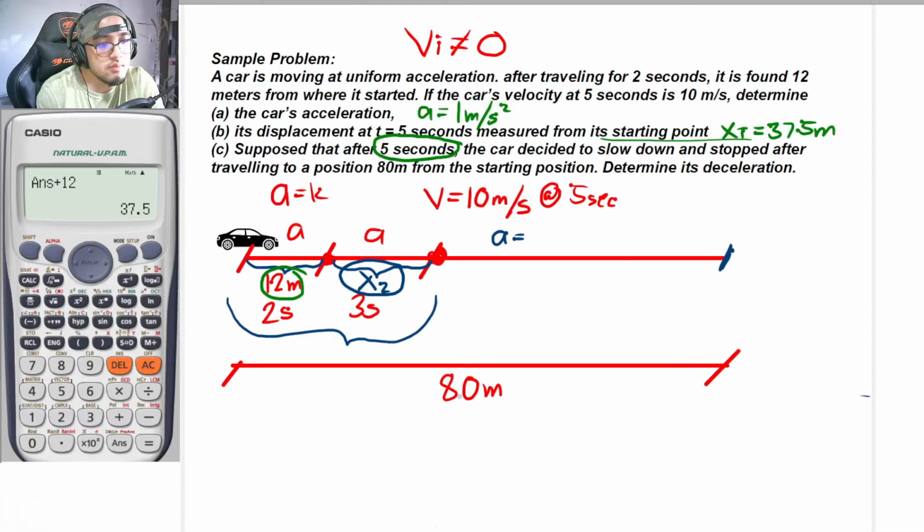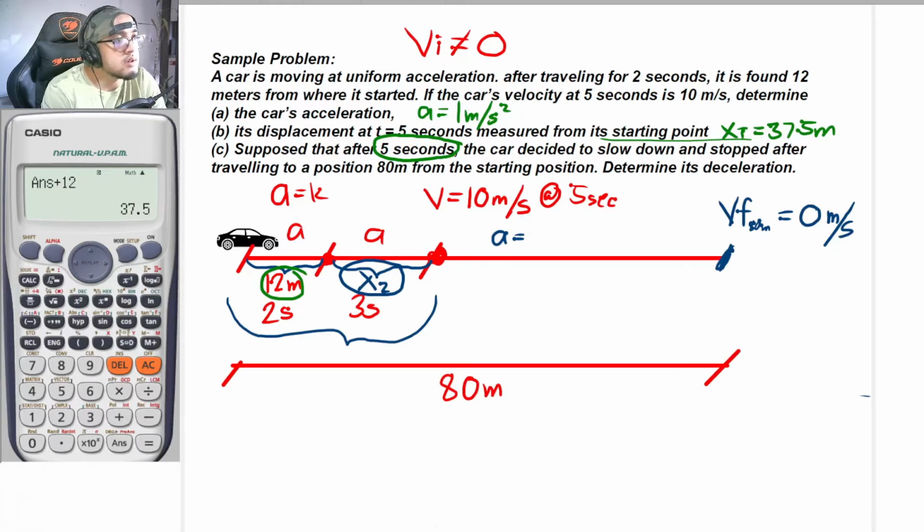So if this is 80 meters, if it started at this point, it means that our VF here at 80 meters is equal to 0 because of course it stopped. So this is its speed, 0 meters per second. What is the deceleration? But let us solve for acceleration. And actually, guys, your deceleration is just the negative of your acceleration.